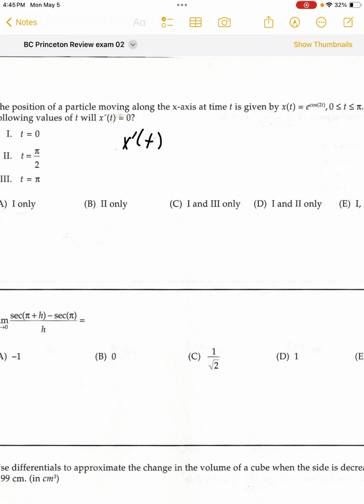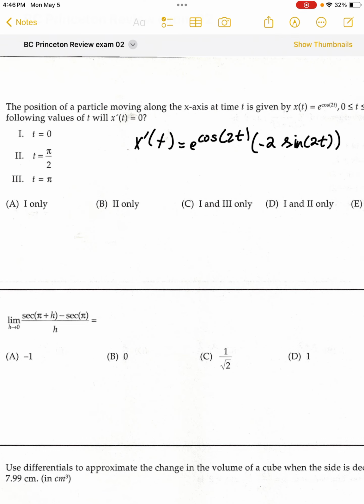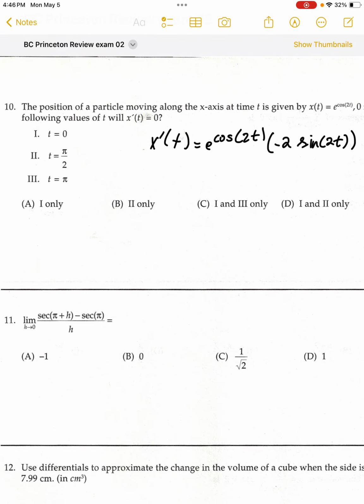We get x prime of t equals e to the cosine 2t, and then we have to differentiate cosine 2t, which will be negative 2 sine 2t. So which values of t listed here will make this expression equal 0?